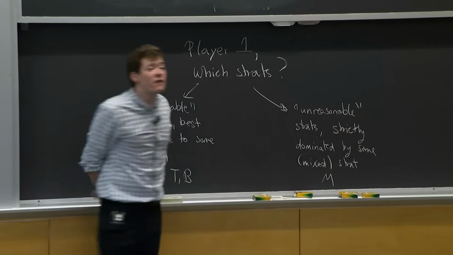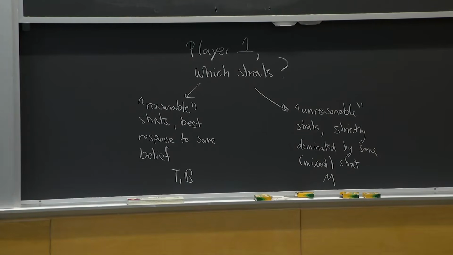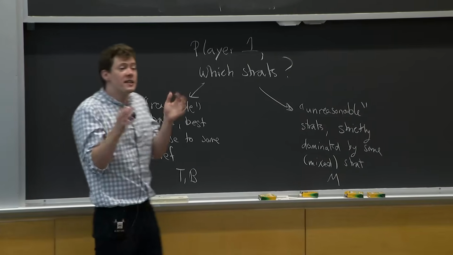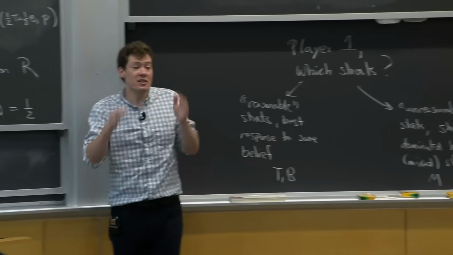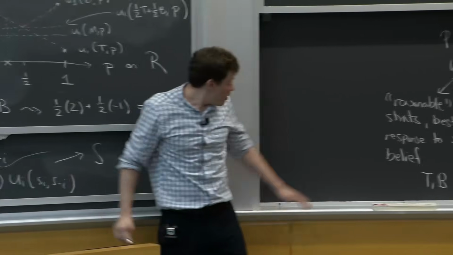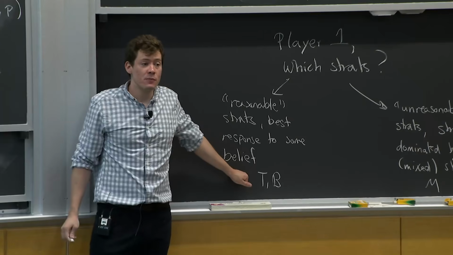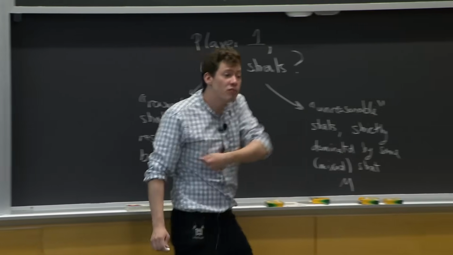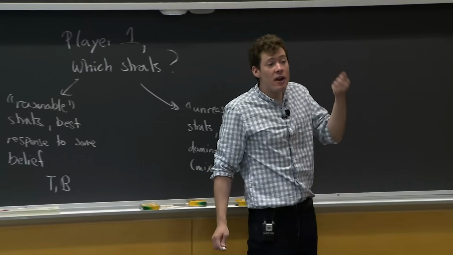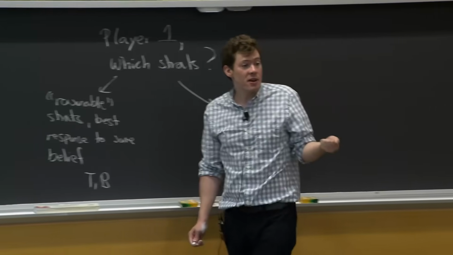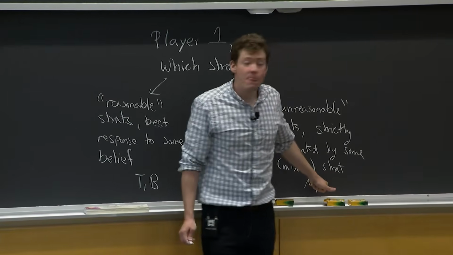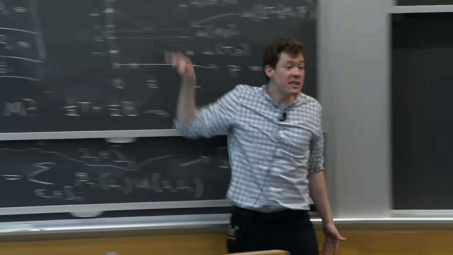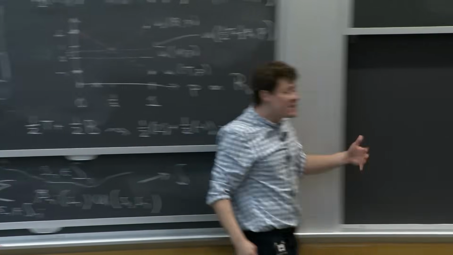So notice here there's 2 different ways to get to the same answer. I could say, let me only consider strategies that are best responses to some beliefs. I would go through, and I would just get T and B. Or I could do the inverse. I could say, let me throw out all the strategies that are strictly dominated by something. I would throw out M, and I'd be left with just T and B. And the question is, is this a coincidence?